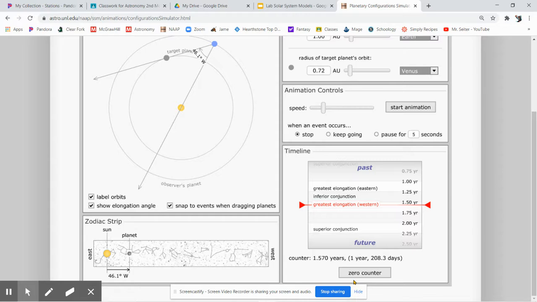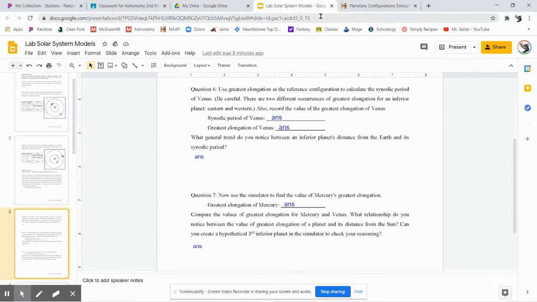Mercury is 0.322 years, where Venus is 1.570 years. You can look at this two ways, and you could get an answer. The closer the planet is to the sun, the shorter its period. All right. Or the closer it is to the Earth, the longer its synodic period.